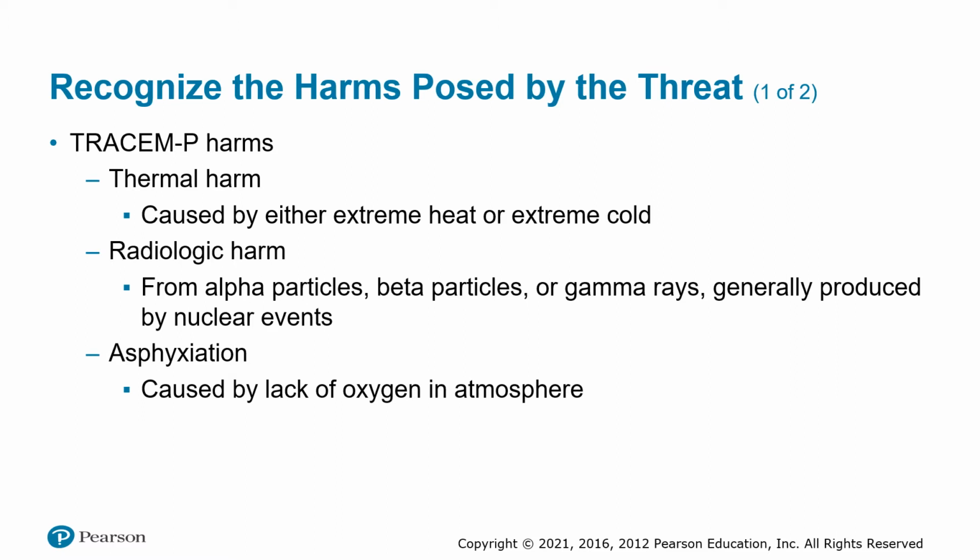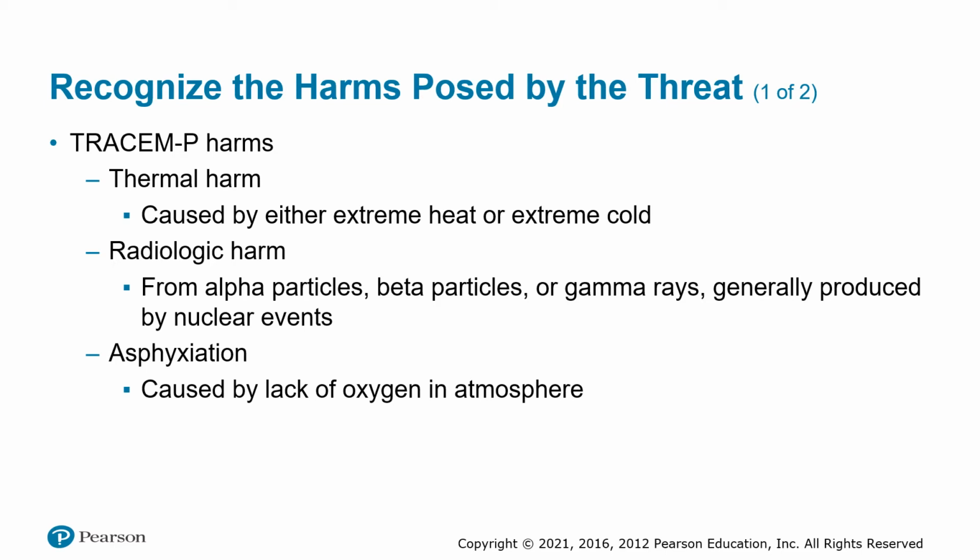TRACEMP: these are the harms that are posed by the threat, and each one of those CBRNE categories has one of these, if not multiple of them. Thermal harm is caused by either extreme heat or extreme cold.